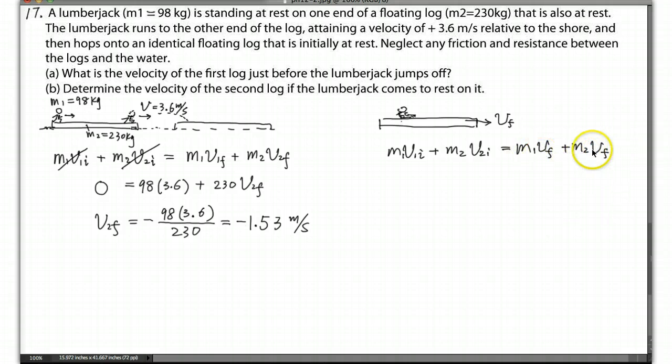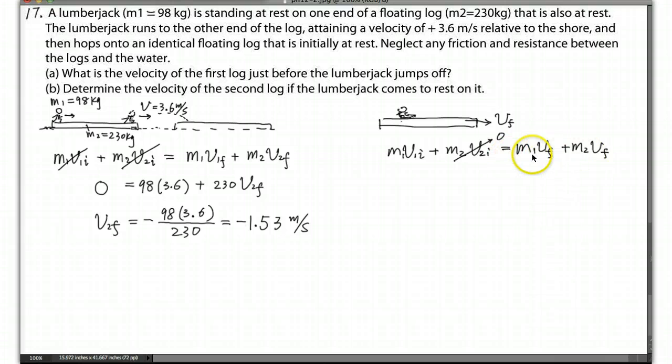They're both moving together, right? You don't have to have two variables. And of course, check the v initial. v1 initial is the velocity of the lumberjack just before he lands on the log, so this is not 0, but v2 initial is 0 because the second log is also at rest initially, so this is 0, right?